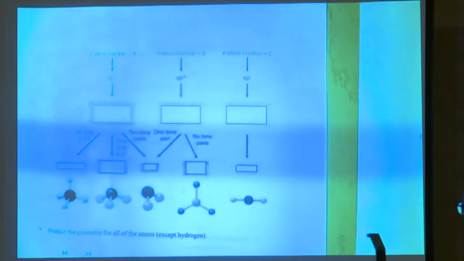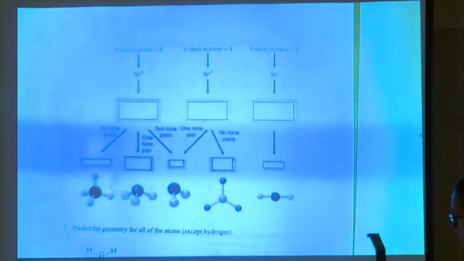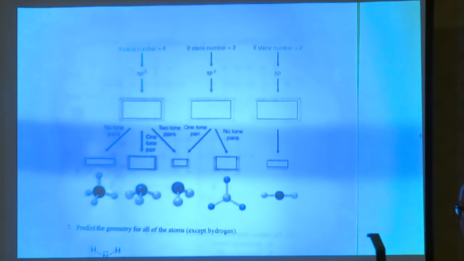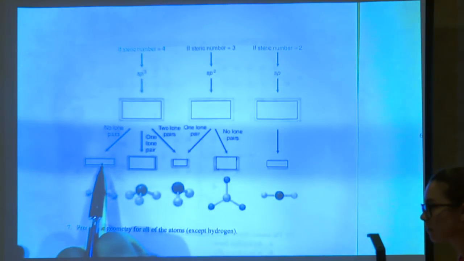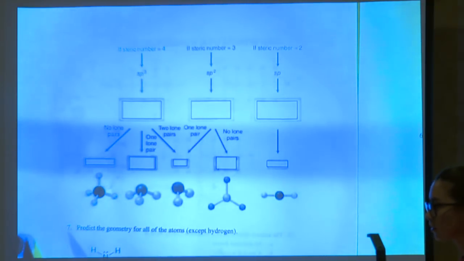So now we fill this in. So this is just how to determine whether something's tetrahedral, bent, trigonal planar. Okay. This one here? Is that what you're saying?